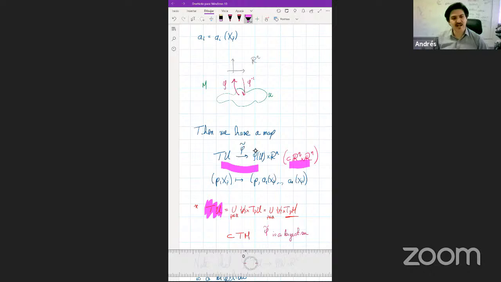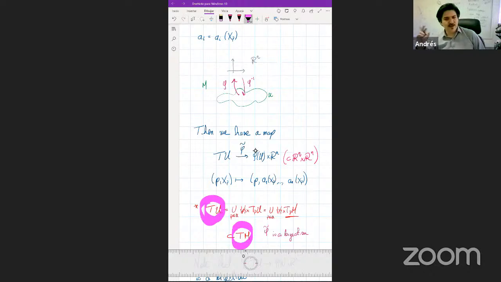That's going to define a topology on TM. That topology will be Hausdorff. This is Hausdorff, is a subset of Euclidean space, and it will have all the conditions that are required for TM to be a topological manifold. Okay? So that's how we define a topology on TM.